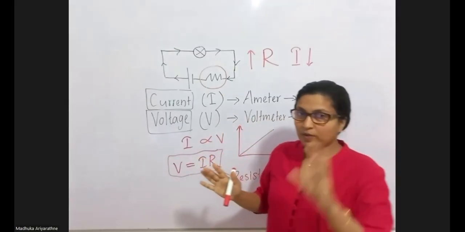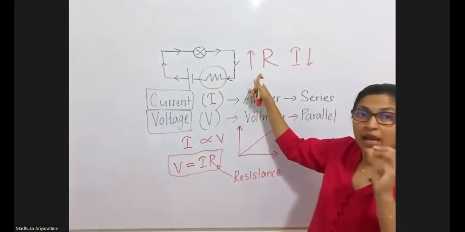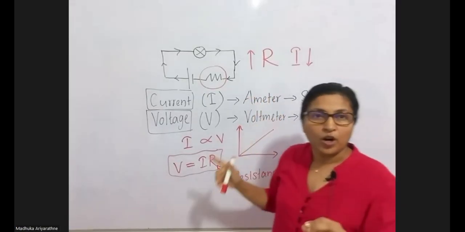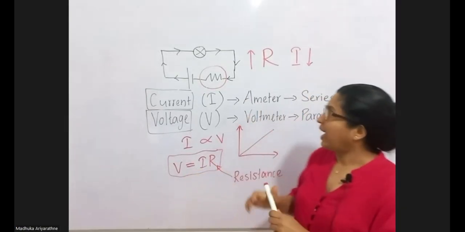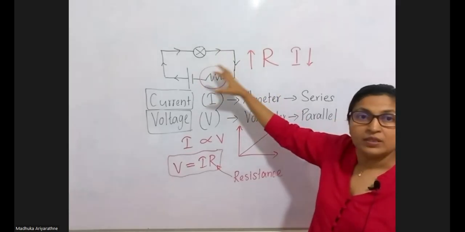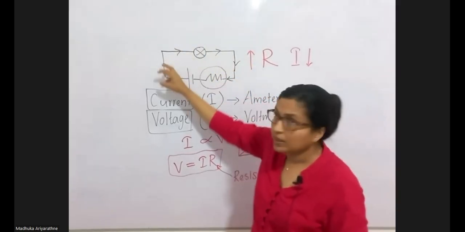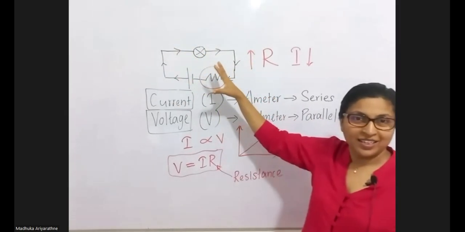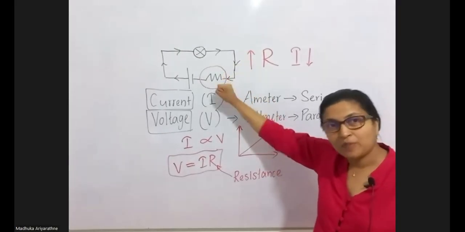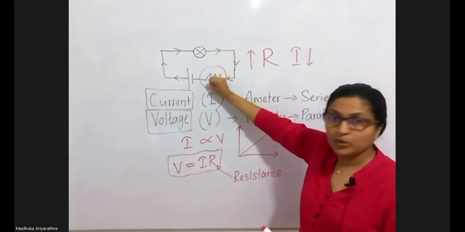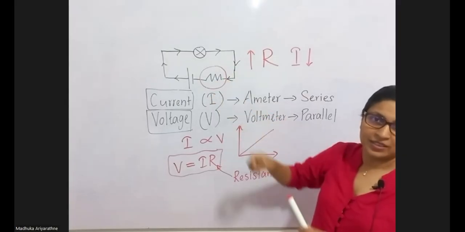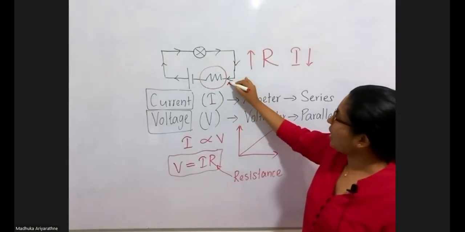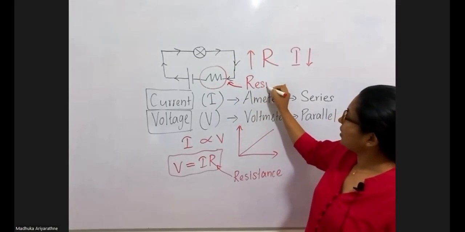Always remember, resistance means an obstacle for the current flow. And the equipment that we fix in a circuit to create that obstacle or to reduce the current flow are known as resistors.